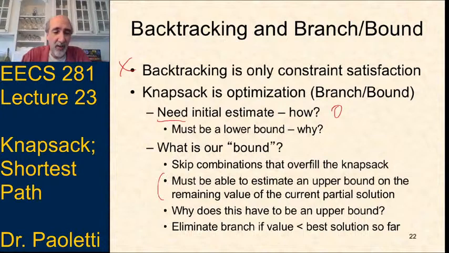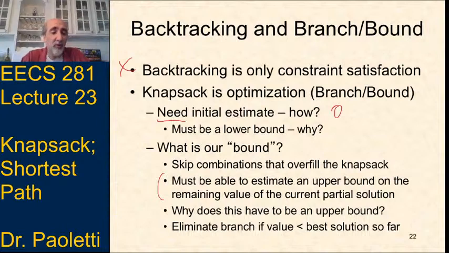If I say, you pick the item of size 1 with a value of 10, but the estimate of remaining value is 0, you'd say, oh, well, I've got a way to get 11. That 10 plus 0 is not better than my 11 that I know. Let's not start that way. So if it's an underestimate, I might prune too much. This one has to be greater than or equal to the actual cost of the remaining knapsack. That's why it has to be an upper bound. And if this value is less than the best so far, I eliminate it.